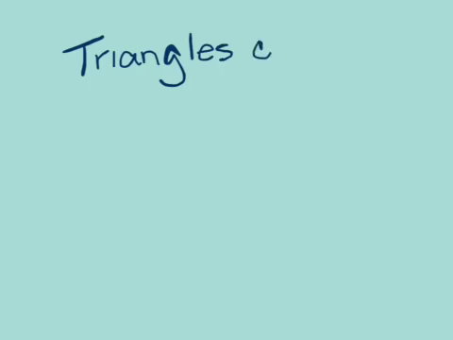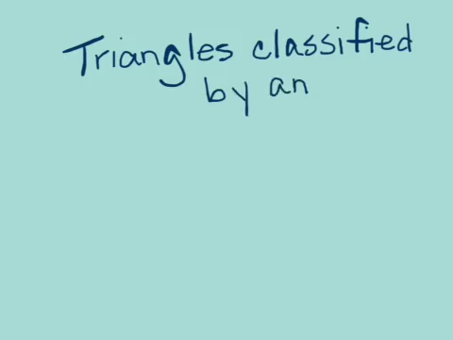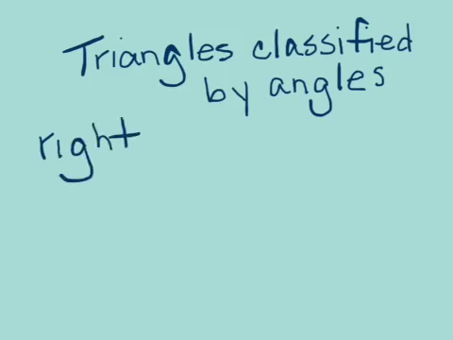Now we're going to review this. This time our triangles were classified by angles. Okay, you have the right triangle where one angle equals 90 degrees.